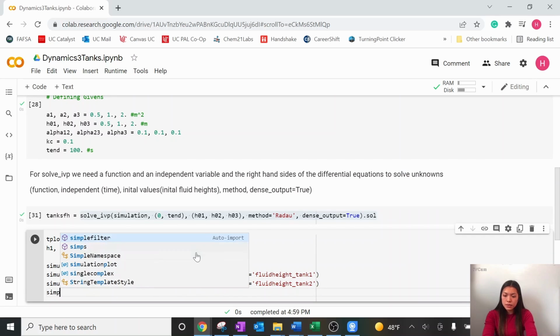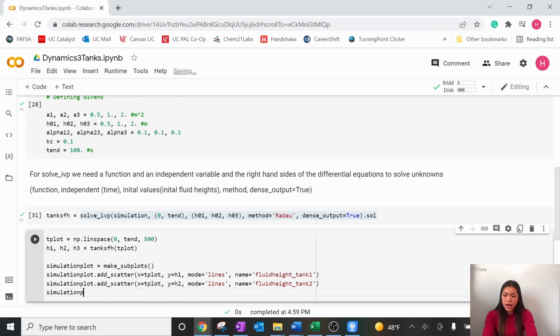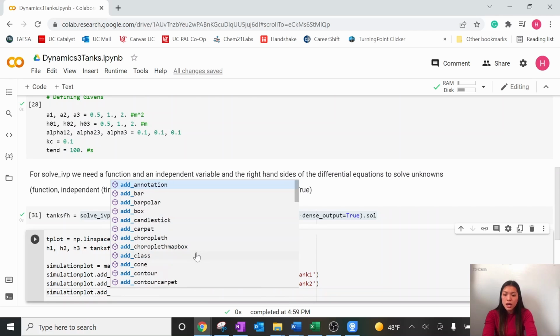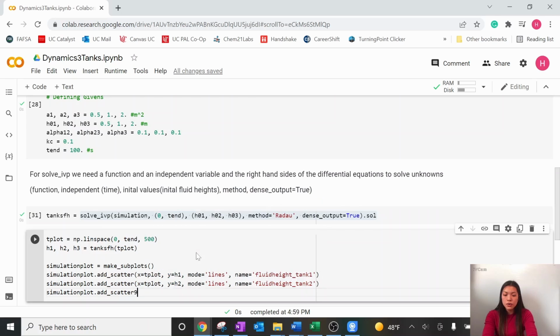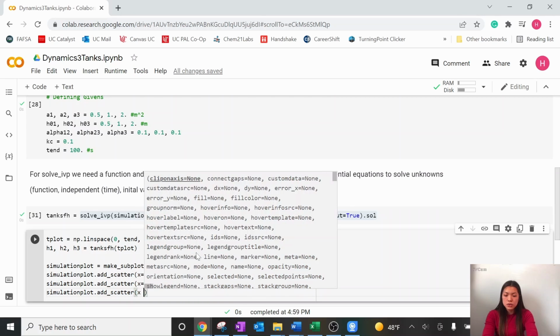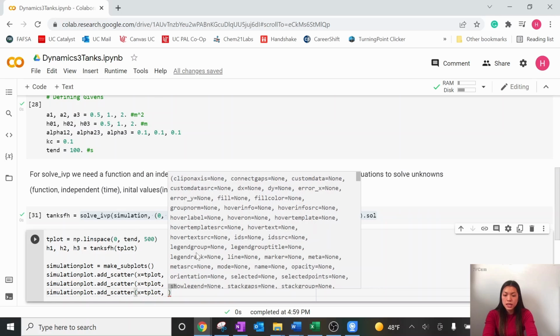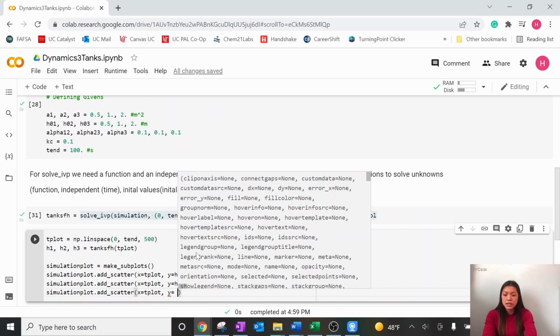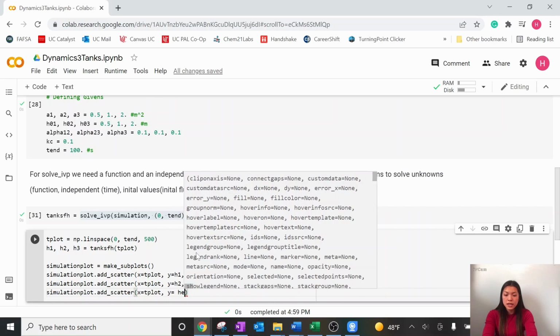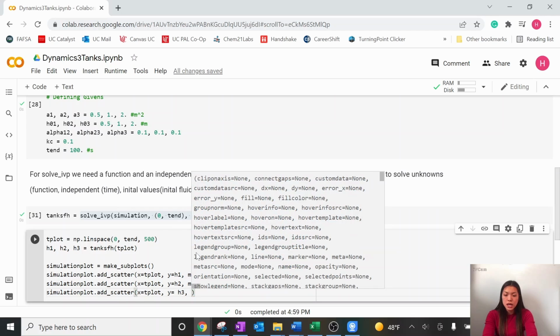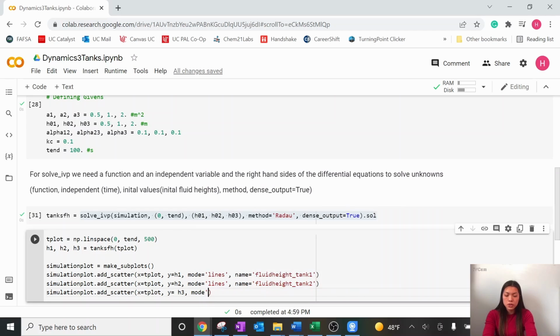And then lastly, we need to add the fluid heights in tank 3. So we're going to do simulation plot dot add underscore scatter. The x value is going to be the time values again, so t-plot. The y values are going to be the fluid height in tank 3, so that's going to be h3. The mode, we are going to do lines again so that we can see the lines of the fluid height.